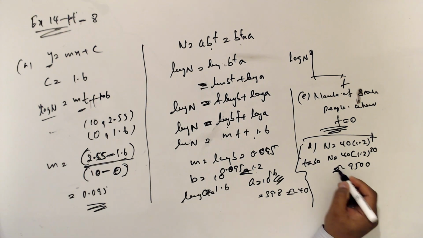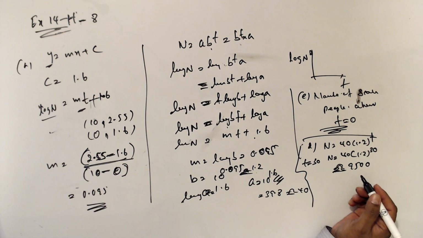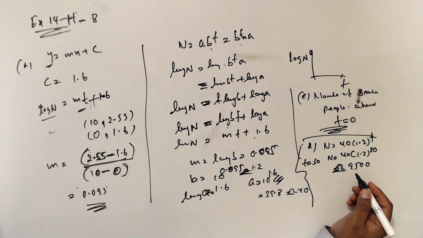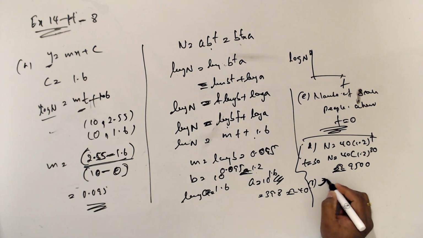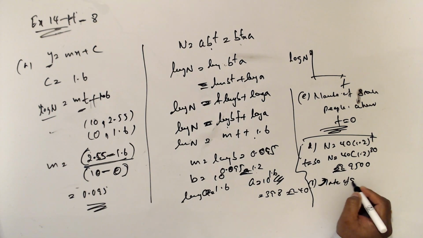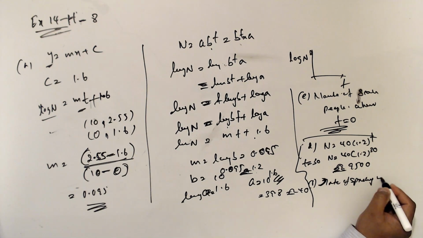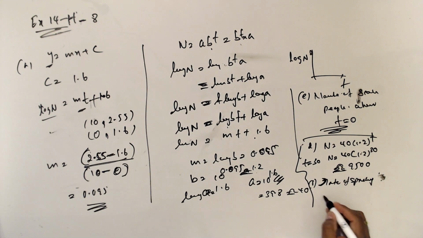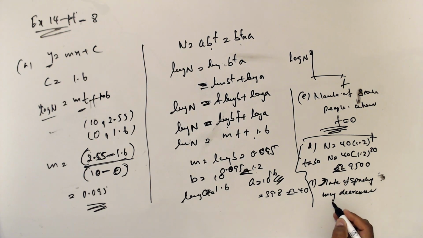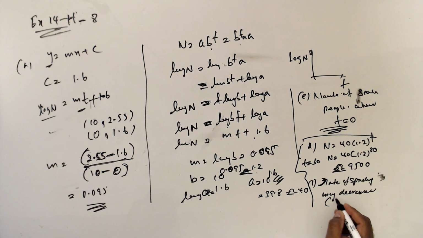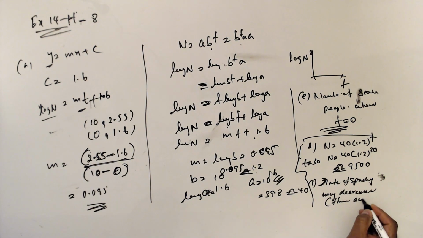Maybe that is because people will be aware there is a virus going on, and then as a result the rate of spreading is decreasing. The rate of spreading may decrease, through awareness.